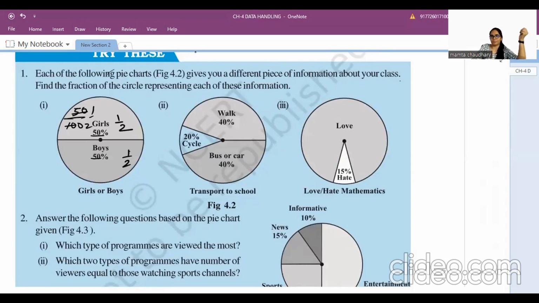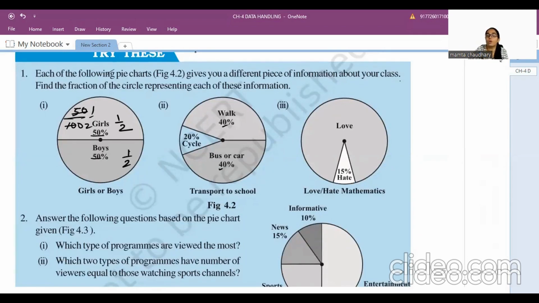Okay. Now here I want to know, for transport to school, what fraction of total students are coming by walk or by cycle or by bus or car. Okay. So now here we'll see total 40 plus 40, 80 plus 20, 100.